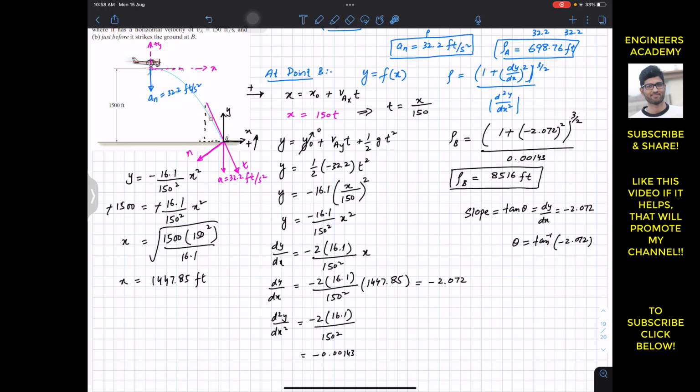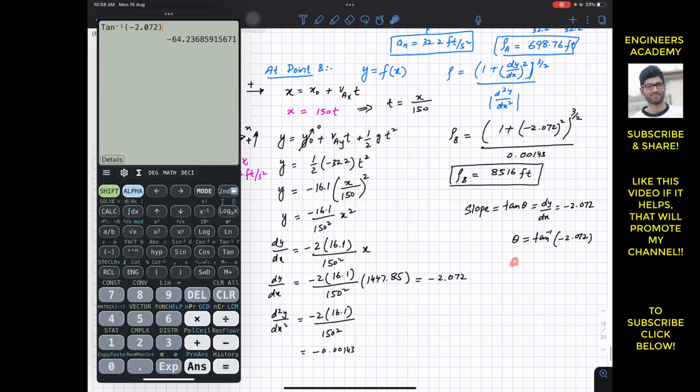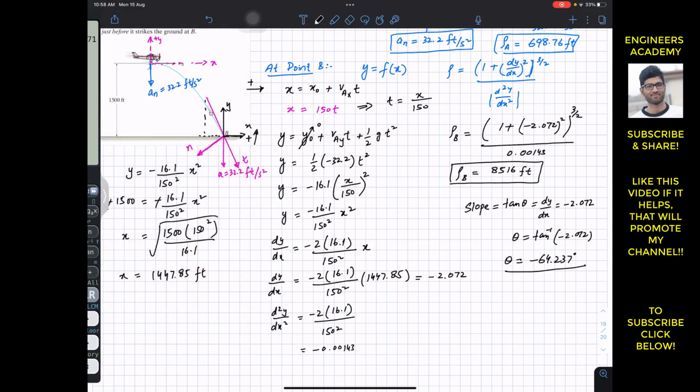So that is why if we take tan inverse of that dy by dx value, tan inverse of minus 2.072, this gives us angle theta equals to minus 64.237 degrees, and the minus sign tells us that the angle is measured in the clockwise direction.